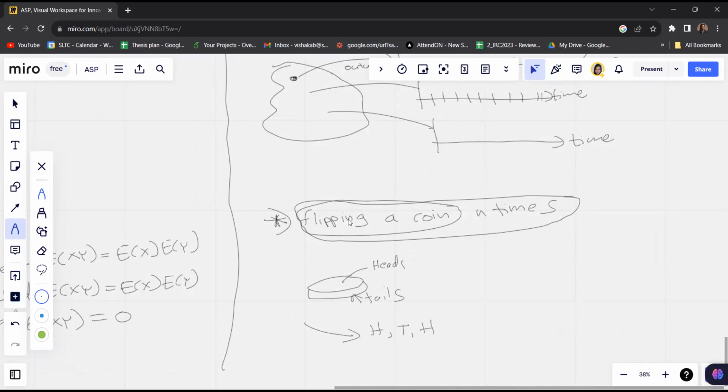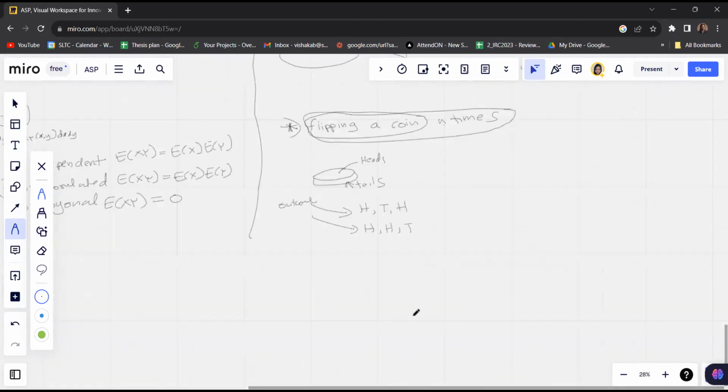Let's say we flip the coin 3 times. So outcome one will be heads, tails, heads. Then sometimes it will be heads, heads, and tails. Thirdly, it could be tails, tails, and heads.